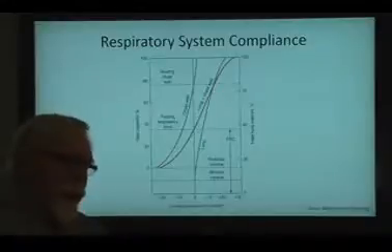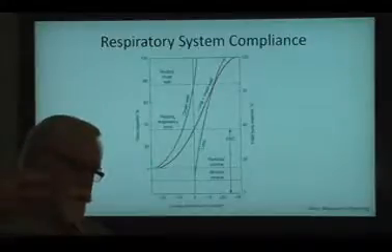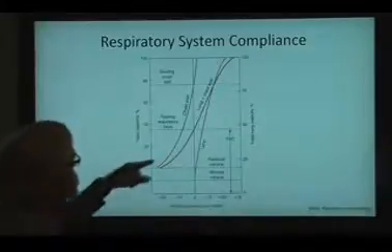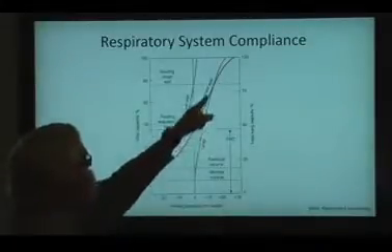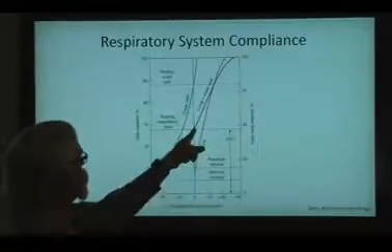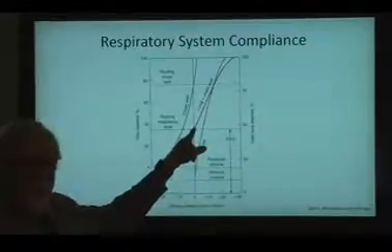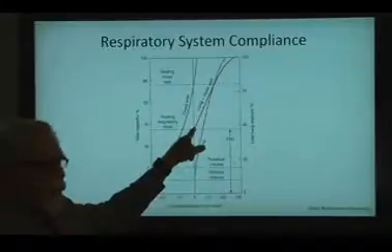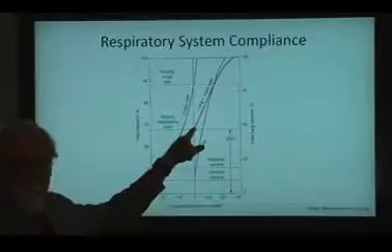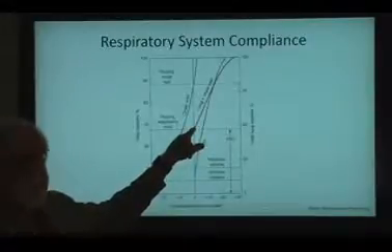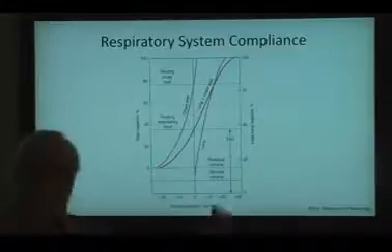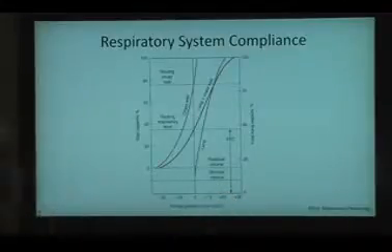So the outward expansion of the chest wall is opposed by the inward collapse of the lungs, so that if we put the lungs and the chest wall together at a normal resting volume, functional residual capacity, the airway pressure is 0, but the pressure in the pleural space is negative because the lungs are going this way and the chest wall is going outward.